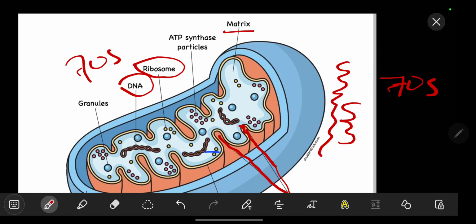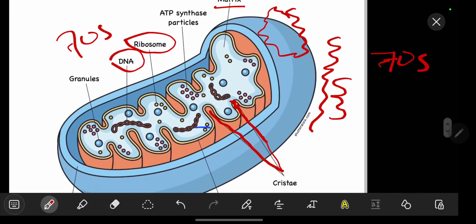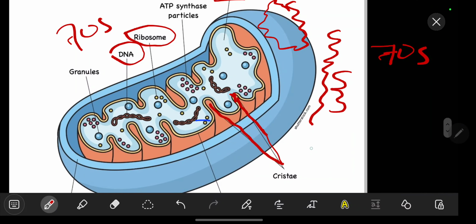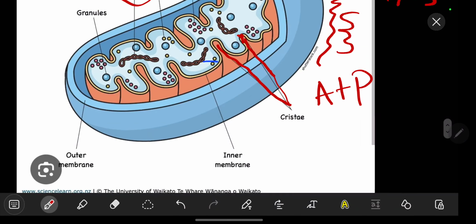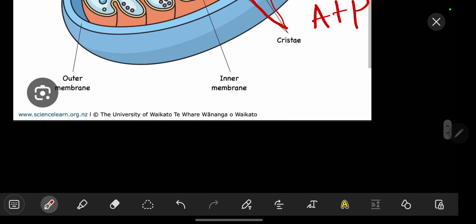So the cristae helps in ATP production like that. It also provides more room because the more folded the structure is, the more surface there shall be. So remember, the function of the mitochondria is to provide energy via ATP. This is the general structure of the mitochondria.